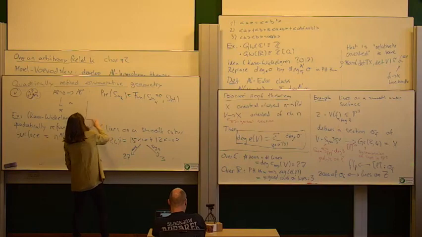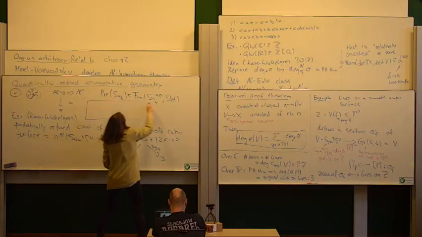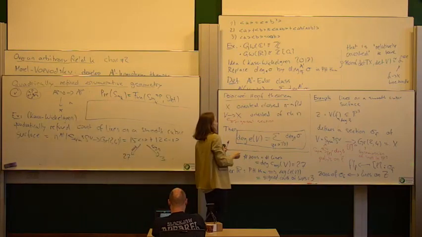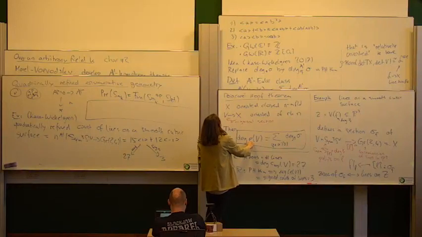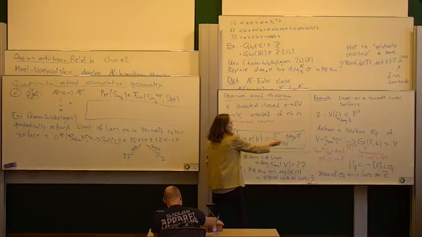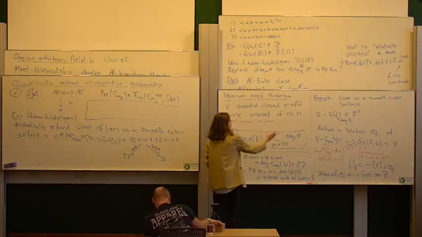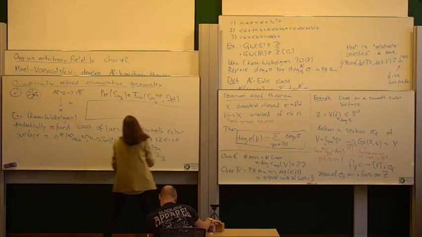But I haven't told you why it's invariant. I should really add this, so let me put this here. Because here, this was a theorem: the left-hand side didn't depend on the choice of section, but now we took this as a definition.